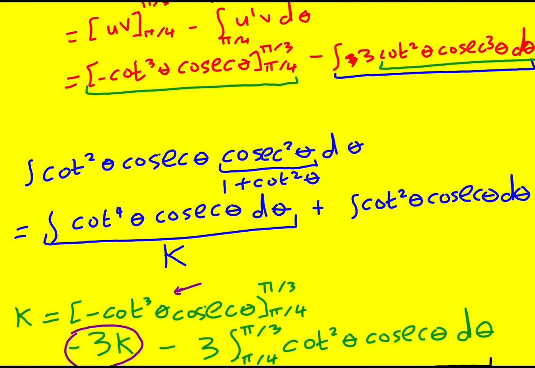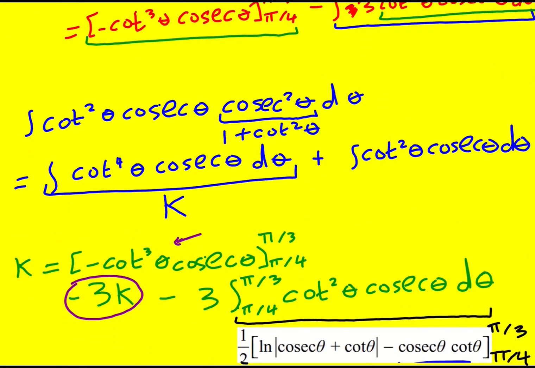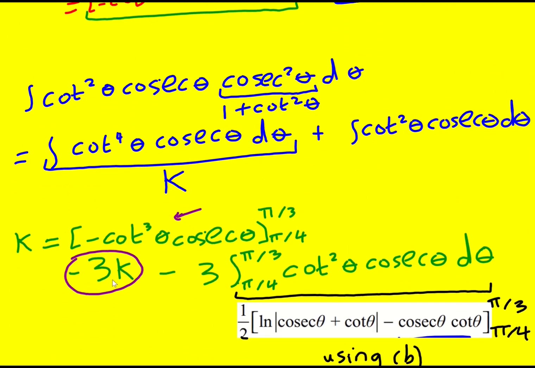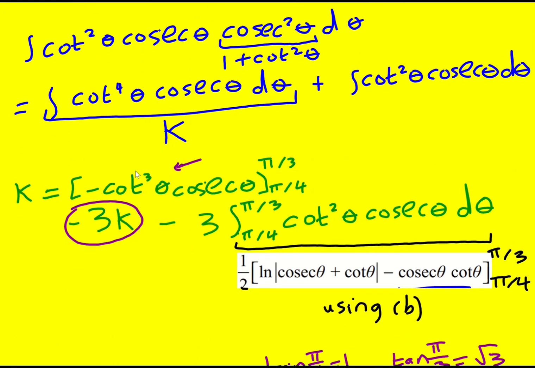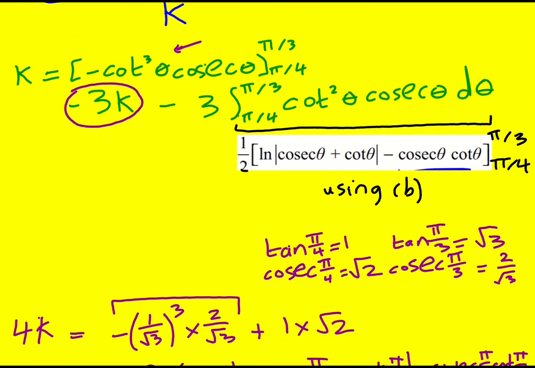And we managed to then get the integral k again inside the solution, but this time we were timesing it by 3. We had to then evaluate this, which you have to do carefully, evaluating this term here and evaluating this integral, which fortunately was the integral from part B.